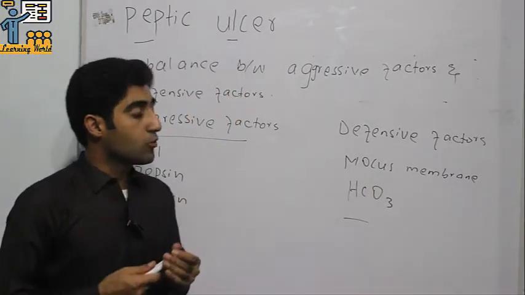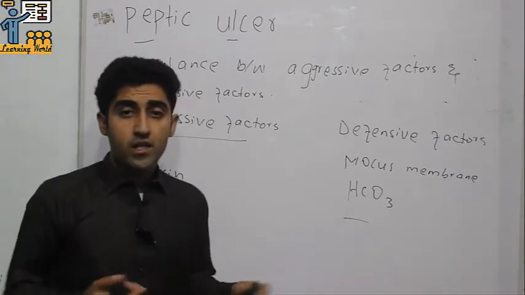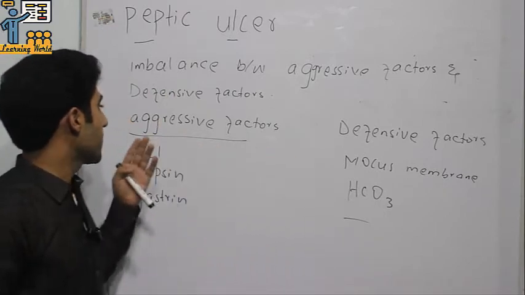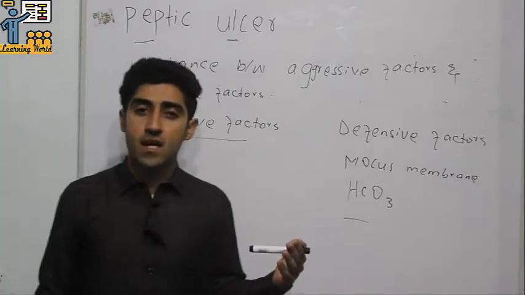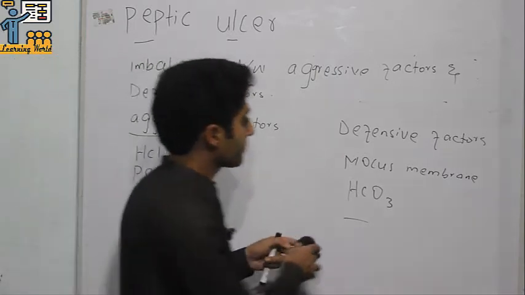First of all, we will draw the general structure of the stomach, then we will define how imbalance occurs inside the stomach, which causes the peptic ulcer.